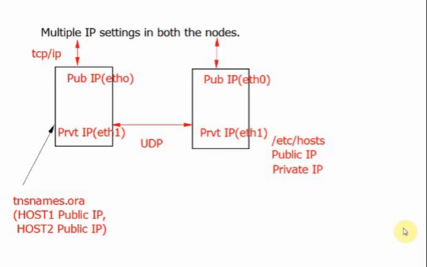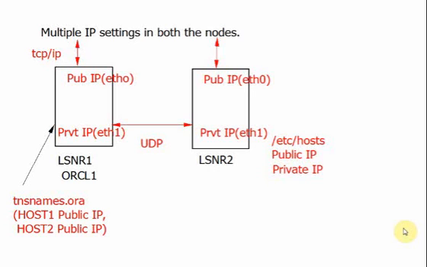So there is a listener which will be started on each node. There is going to be a listener available on each node. And obviously, we mentioned that there is going to be a database instance. Assuming our database name is ORCL, we have ORCL1 and ORCL2 running on both nodes. I think this particular setup should be fine for you.